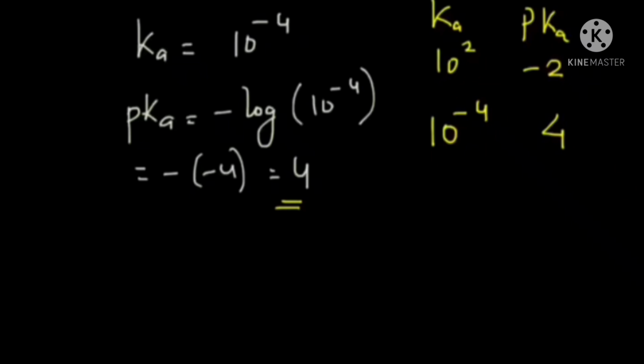Now look at what's happening here. Ka is decreasing in value, right? 10 to the power 2 means 100 and 10 to the power minus 4 means 1 by 10,000. So as Ka is decreasing, the value of pKa is increasing from minus 2 to 4.